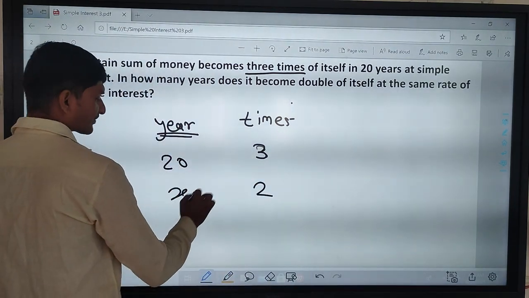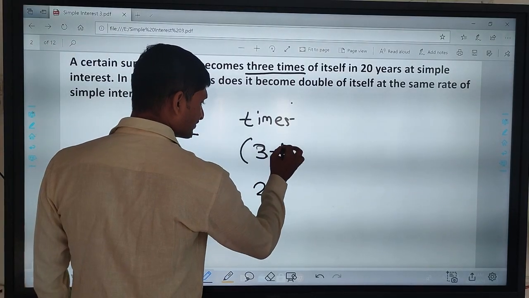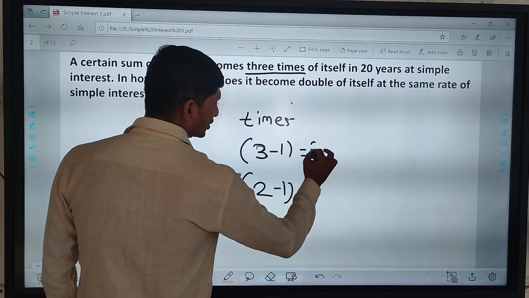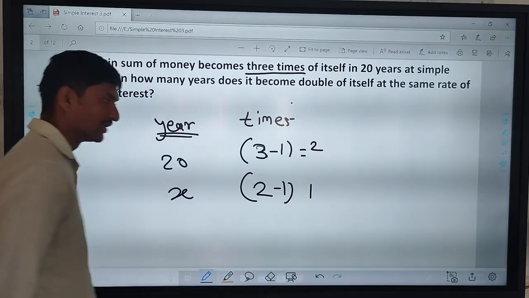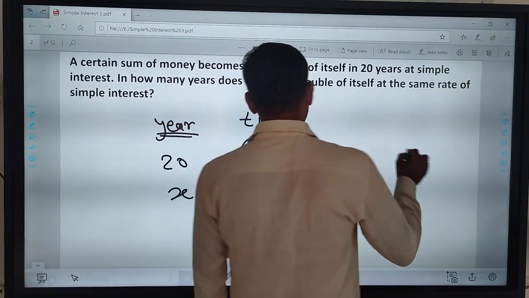Here we only subtract 1 from the times. Here it is 2, here it is 1. Now we take cross multiplication, then we get the answer.